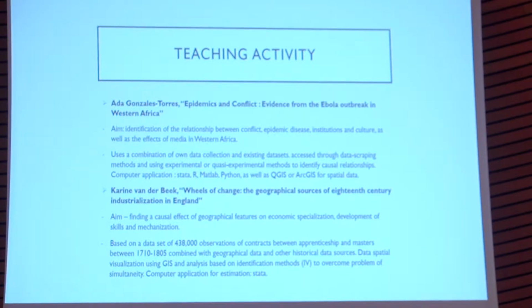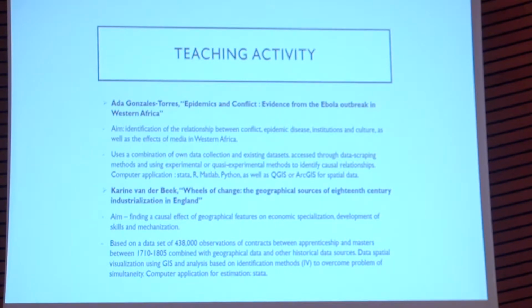In my own research, which is about historical events, I look at the Industrial Revolution, and I try to make again a kind of causal inference to the past, looking at the geographical features and trying to find how they affected the type of economics or the sector which the area specialized in, and then the skills that evolved in the same area.